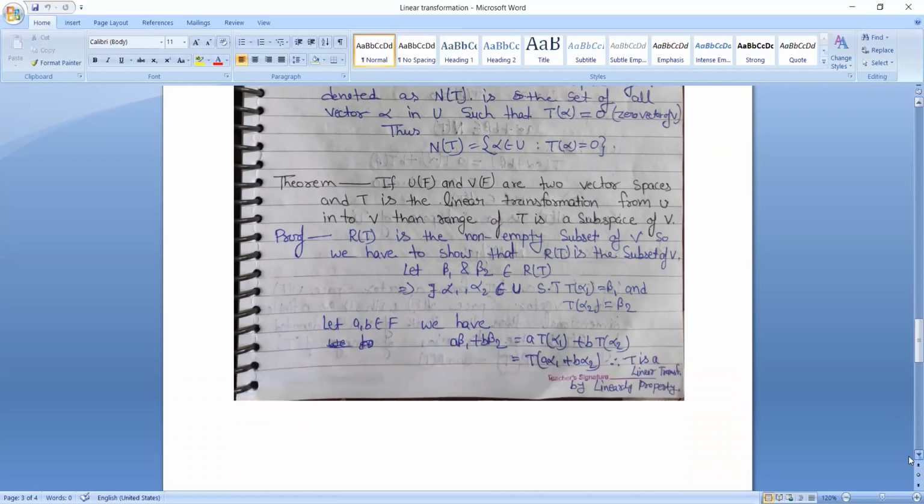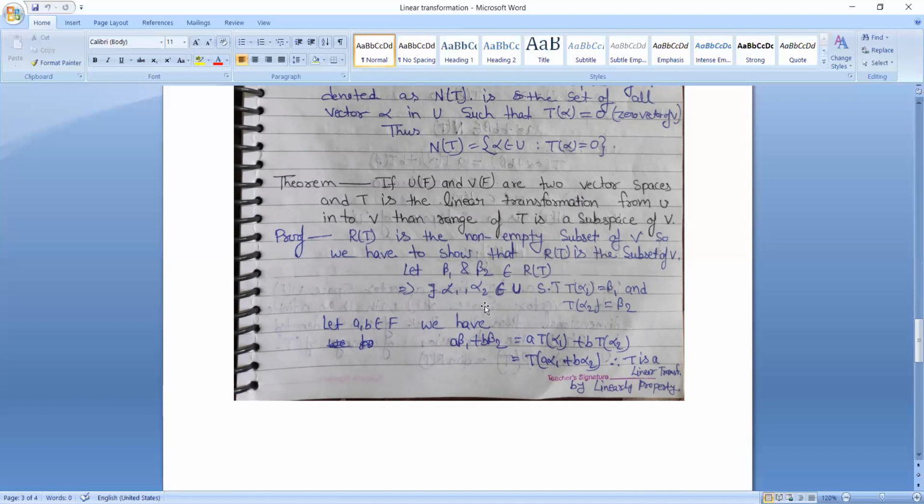Now a theorem. If U(F) and V(F) are two vector spaces and T is a linear transformation from U into V, then the range of T is a subspace of V. R(T) is a non-empty subset of V. So we have to show that R(T) is a subspace of V. Let β1, β2 belong to R(T).